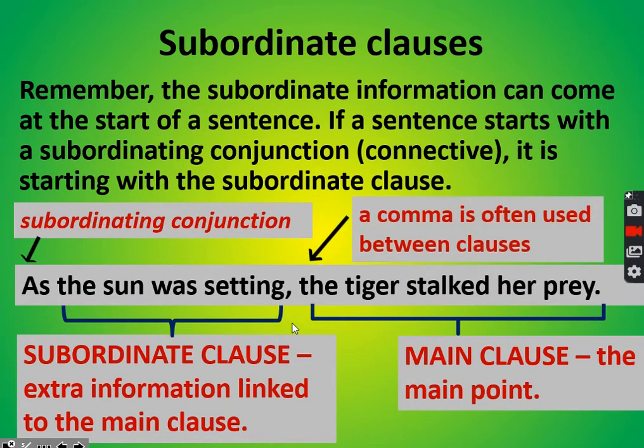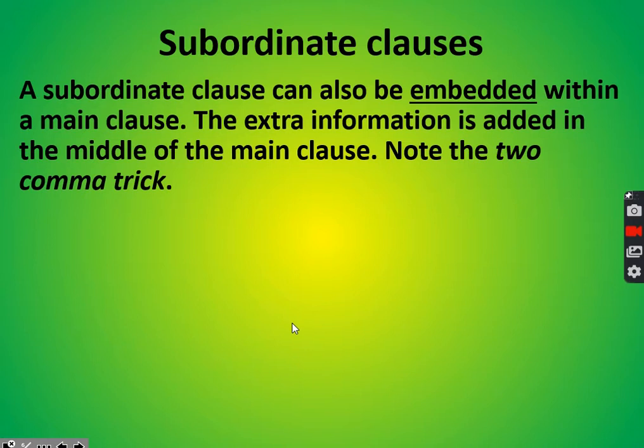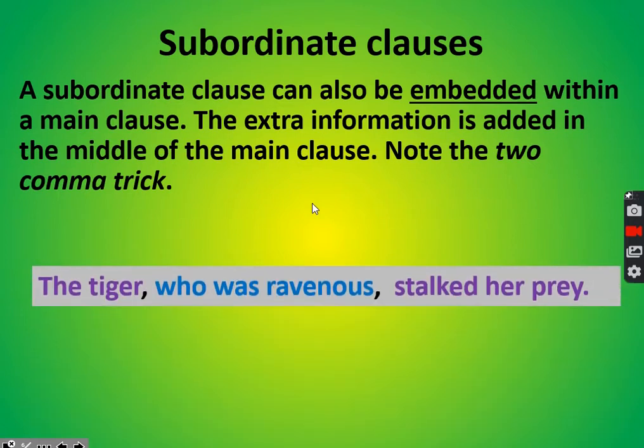On to the next part, we're going to look at embedded subordinate clauses. Now remember, embedded is inside, it's in the middle of. So the extra information in this case, an embedded subordinate clause, is added in between, or into the middle of the main clause. Notice those extra commas there. Two commas to highlight where this extra information is.